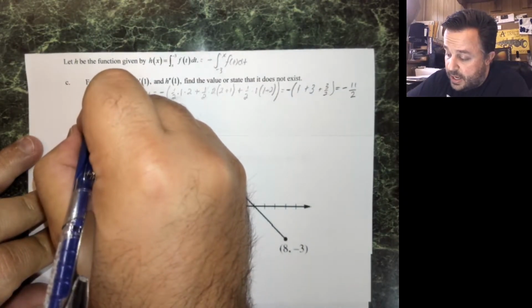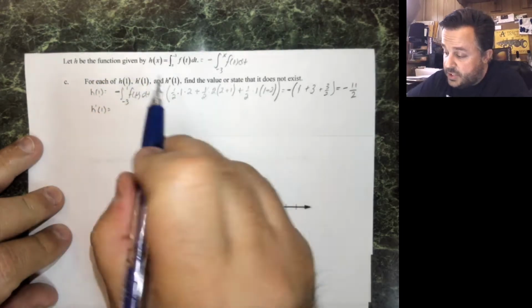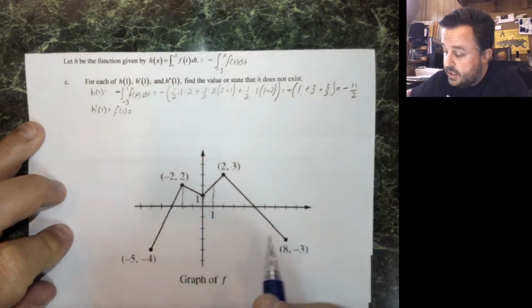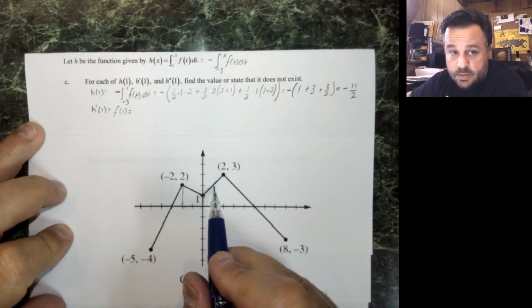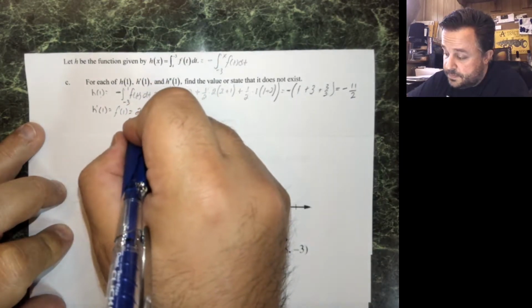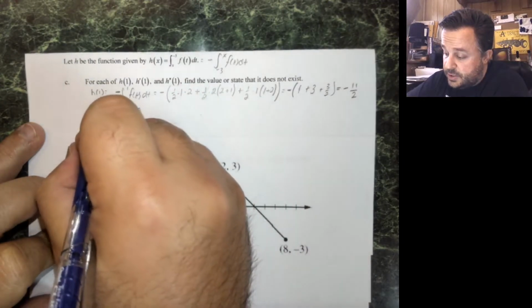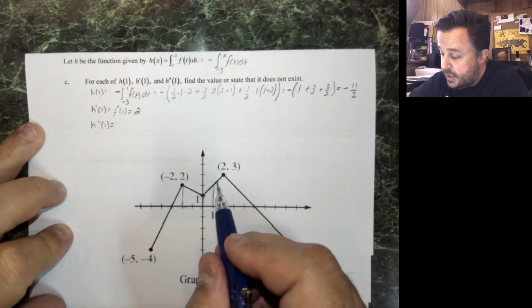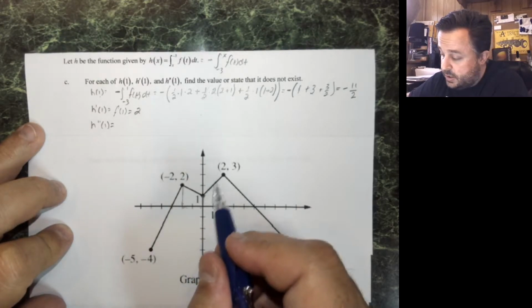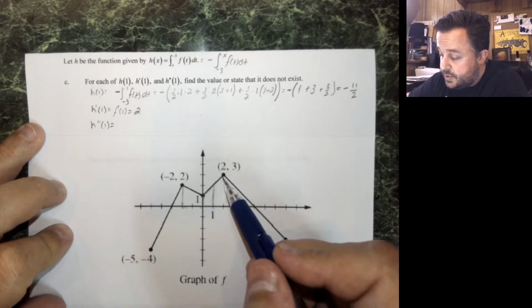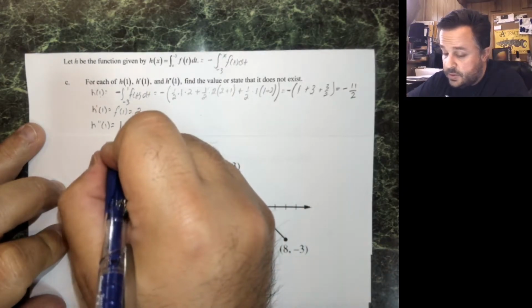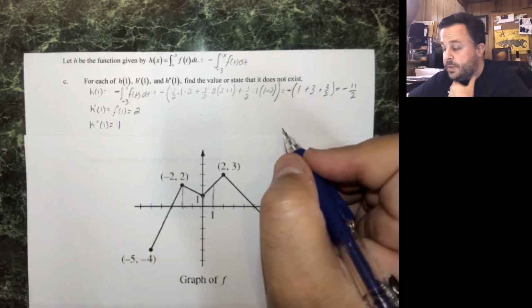For h prime of 1, h prime is just going to be f evaluated at 1, and f of 1 is positive 2. And then h double prime of 1 is the slope of the graph at 1. And again, this is linear, so y2 minus y1 is 2, x2 minus x1 is also 2, so we get a slope of positive 1.